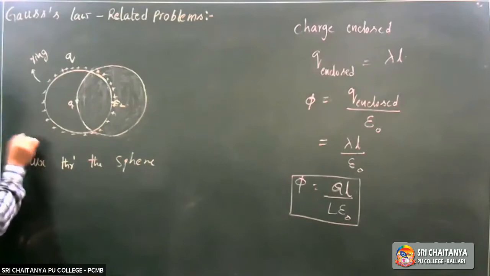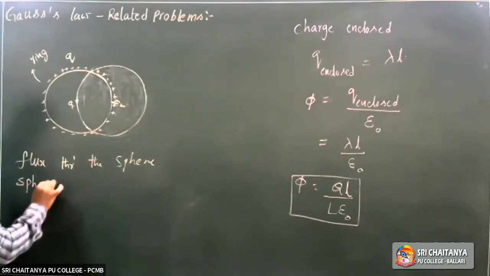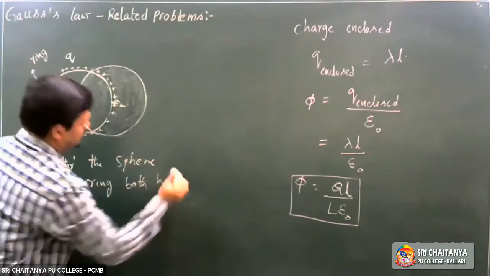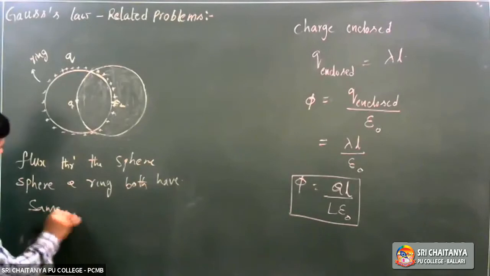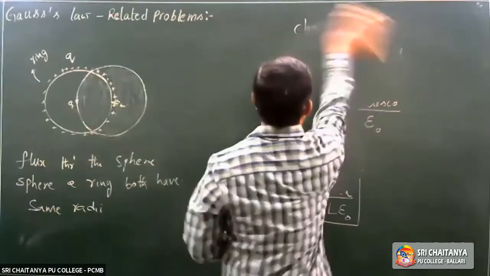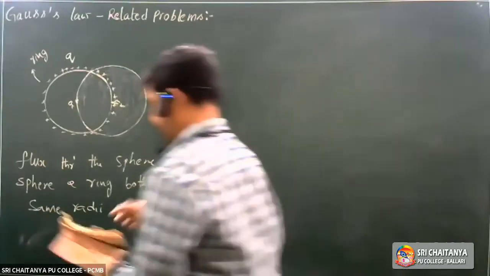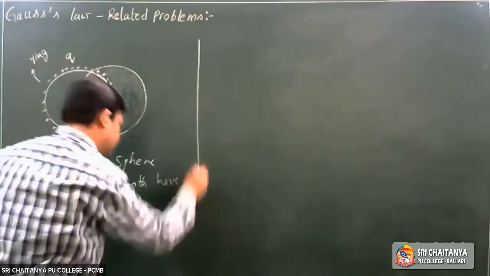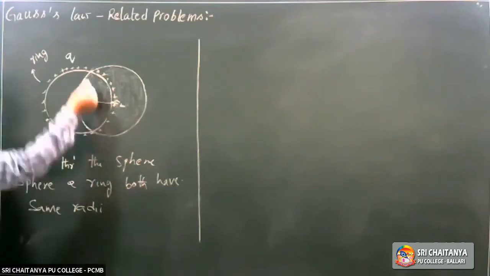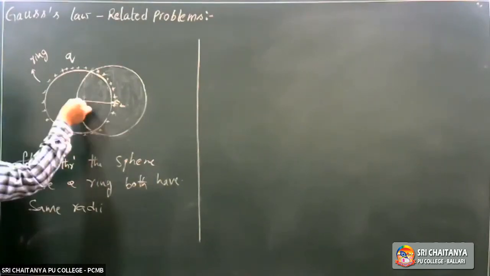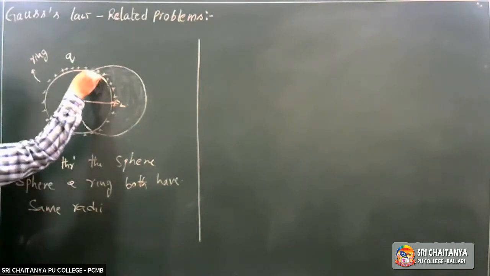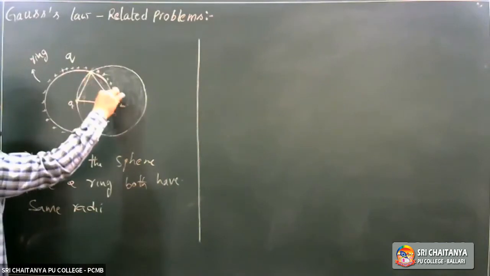Given that sphere and ring both have the same radii. Simple thing: whenever both have the same radii and their peripheries coincide with the centers, this distance, this distance and this distance are equal.